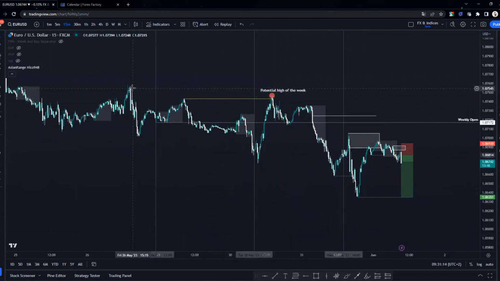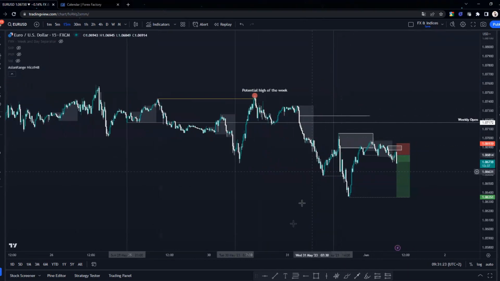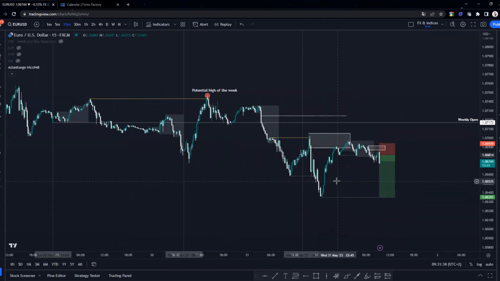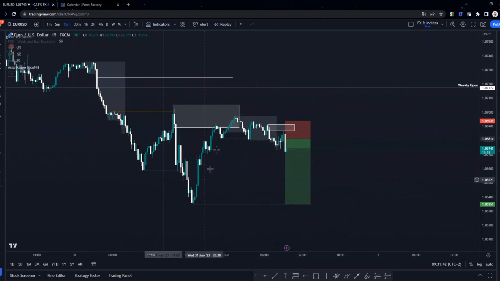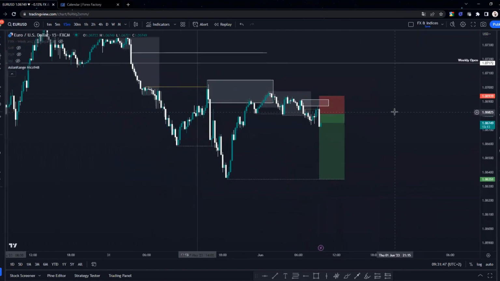Manipulating this high, continuing the structure, breaking lower, retesting this week, and then continuing lower, breaking structure again, retracing, another liquidity spike here, and once again breaking structure, breaking structure again, forming a new low. So this is where I'm taking the setup on this next mitigation and new bearish structures.